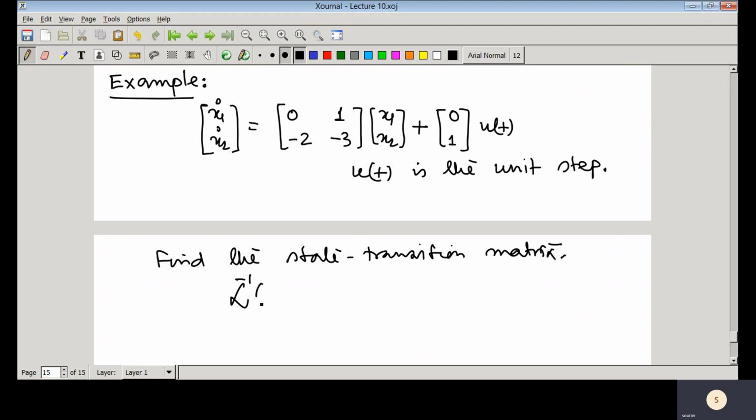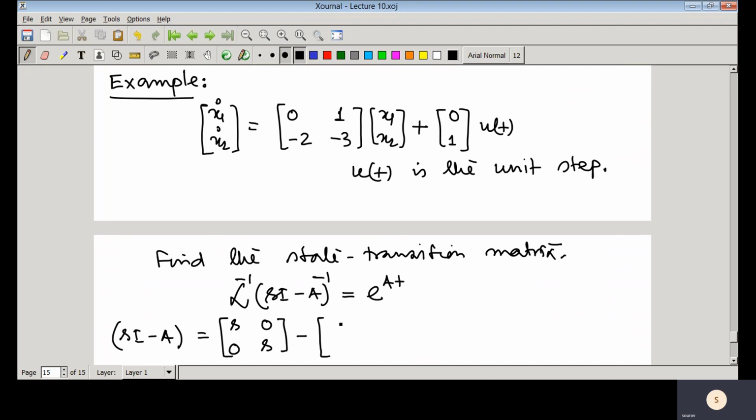And we have seen that the state transition matrix is the Laplace inverse of (sI minus A) inverse, equal to e to the power At. So first we find sI minus A as before. As A is a 2 cross 2 matrix, that would be a 2 cross 2 identity matrix times s, minus the A matrix here, 0 1 minus 2 minus 3.